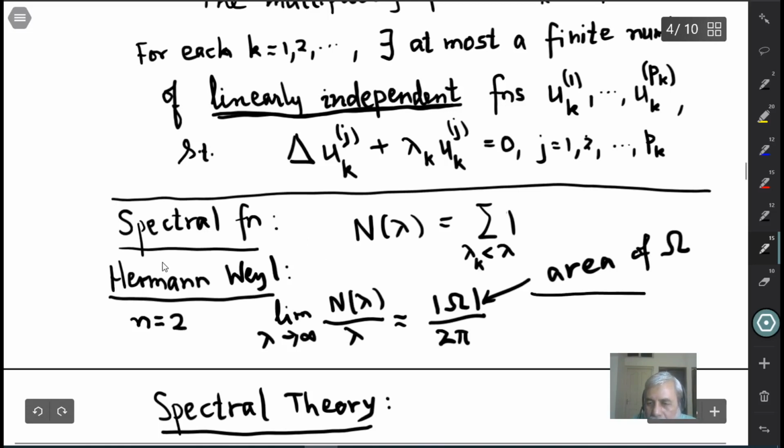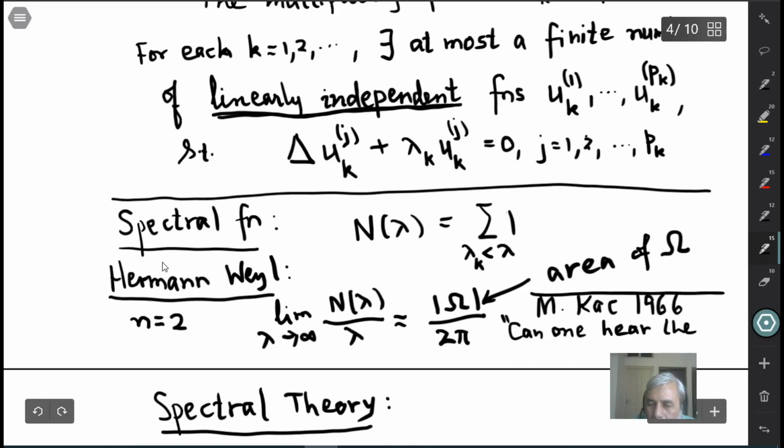So there is an old paper by Mark Kac which appeared in 1966, and the title of that is, Can one hear the shape of a drum? So it appeared in American Mathematical Monthly.